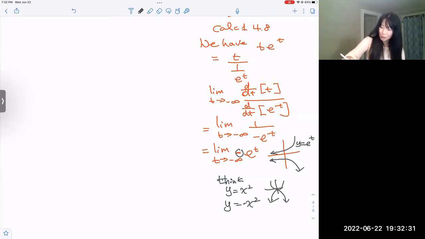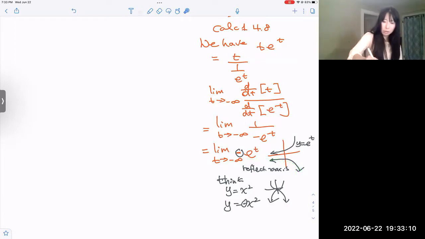So this means reflect about the x-axis, all right? Now we're going to think about when t approaches negative infinity. What is the graph behavior? It goes to minus infinity, but never crosses 0. It never becomes positive. Is it close to 0? Yes, good.